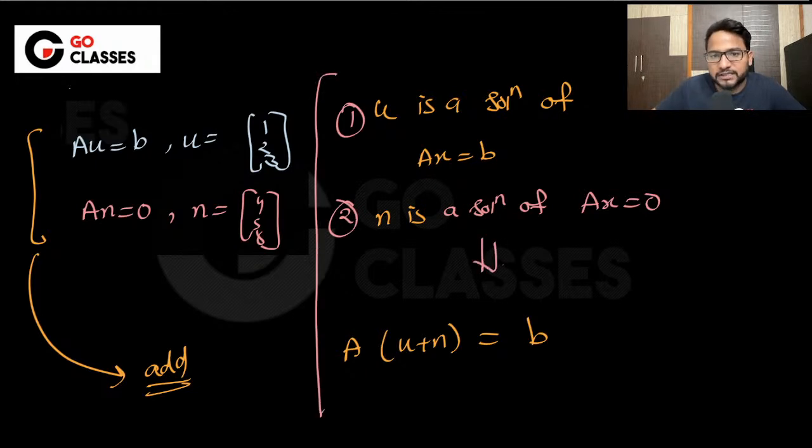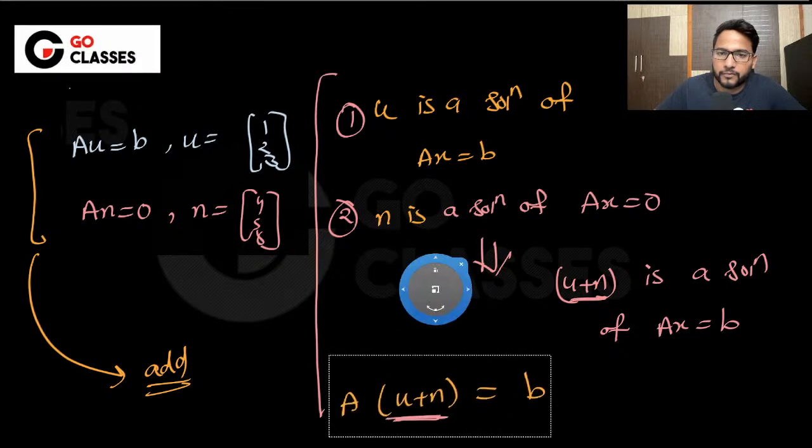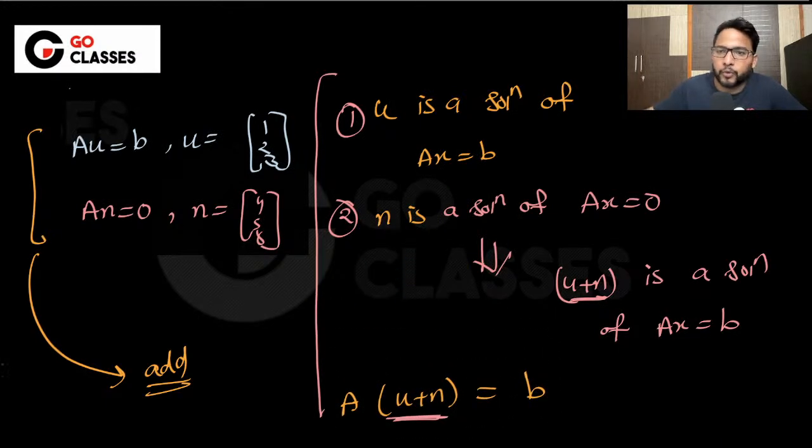You can definitely say that u plus n is a solution of Ax equal to B, right? Is this okay to everyone? Let me know. U plus n is a solution of Ax equal to B. So I hope that is fine.